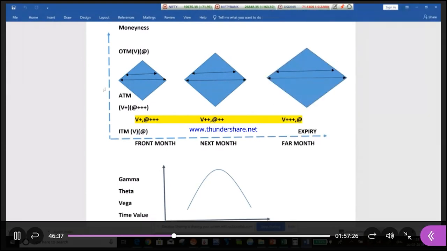Remember, the at the money option is where the entire action is. It is closest to the current market price. So more the time value, higher the value of theta. Lesser the time value, lesser the value of theta.